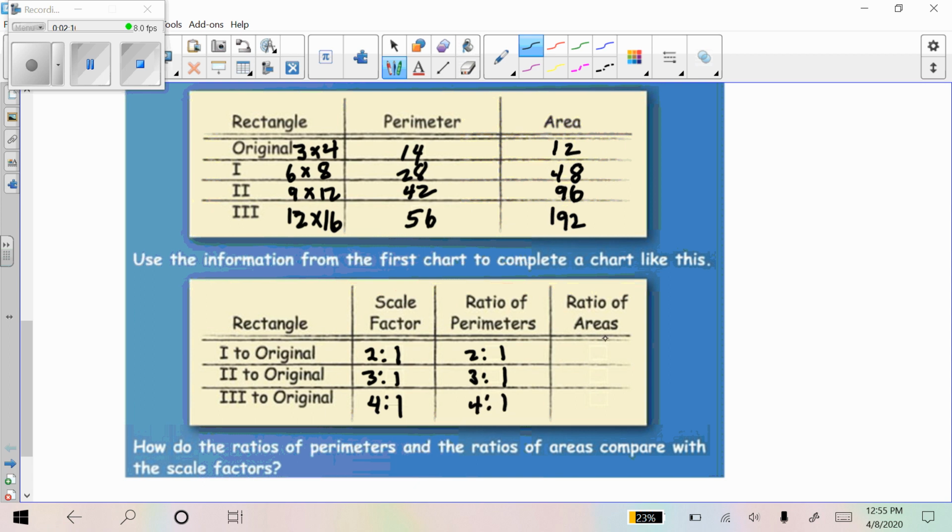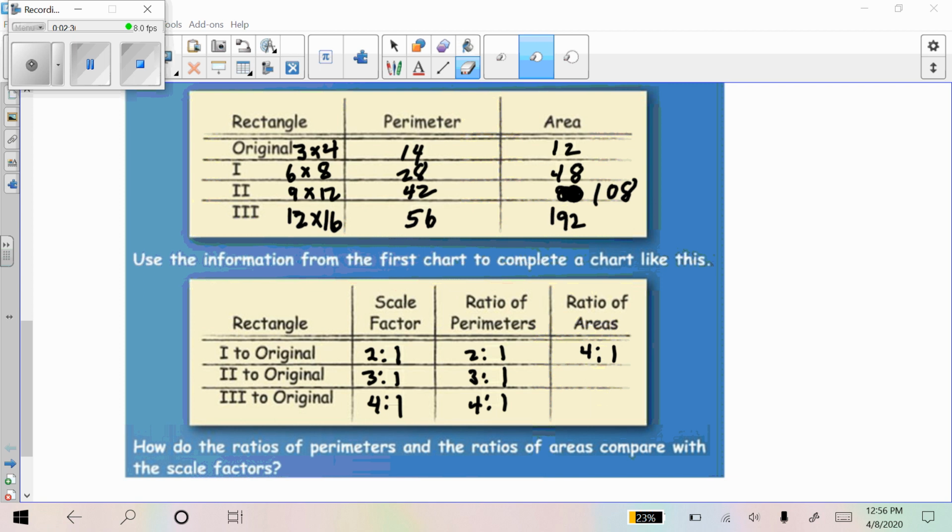The ratio of the areas 1 to the original would be 48 to 12 or 4 to 1 in lowest terms. The second one to the original would be 96 to 12, which is 8 to 1, I guess I should say on that one.